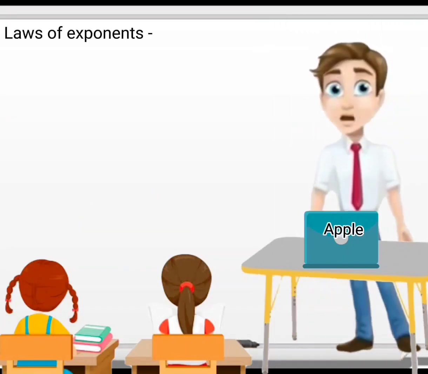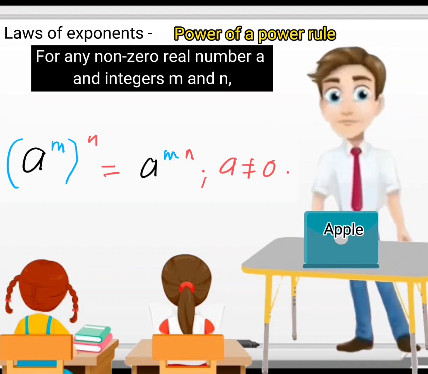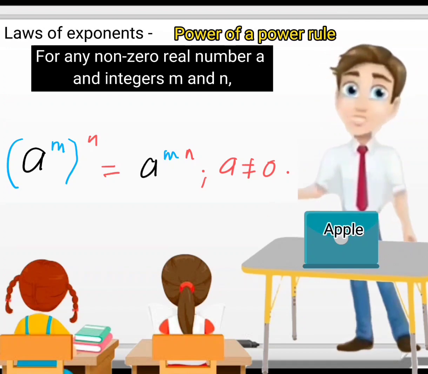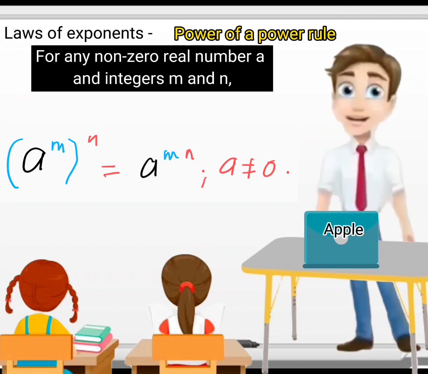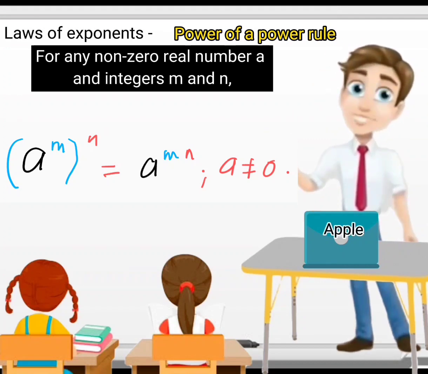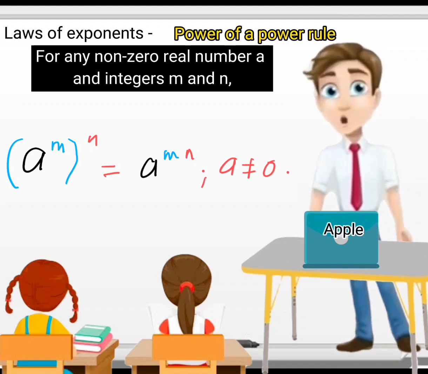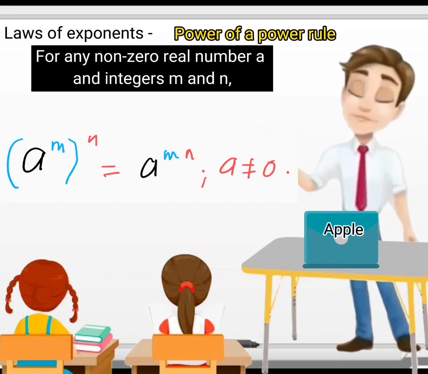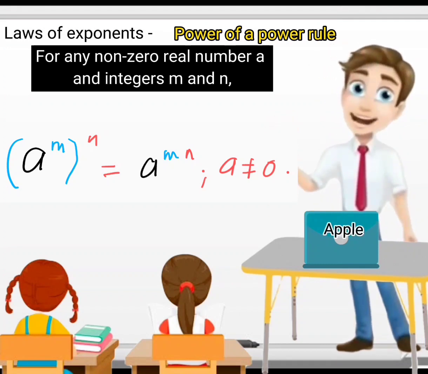Yes, sir. So we are now on the third law of exponent, and this is the power of a power rule. And let me read. For any non-zero real number a and integers m and n, then a raised to m raised to another exponent n, then it is equivalent to a, the base a, raised to m multiplied by n, where a is not equal to 0.